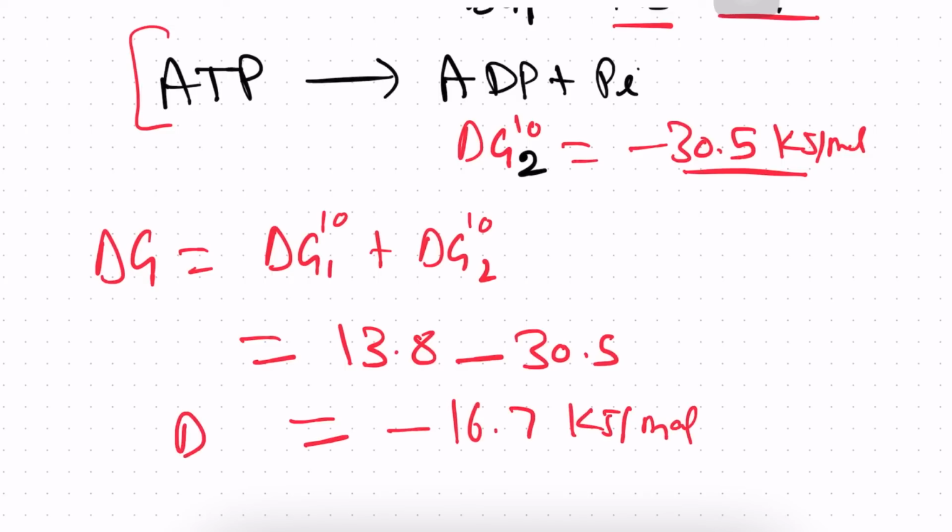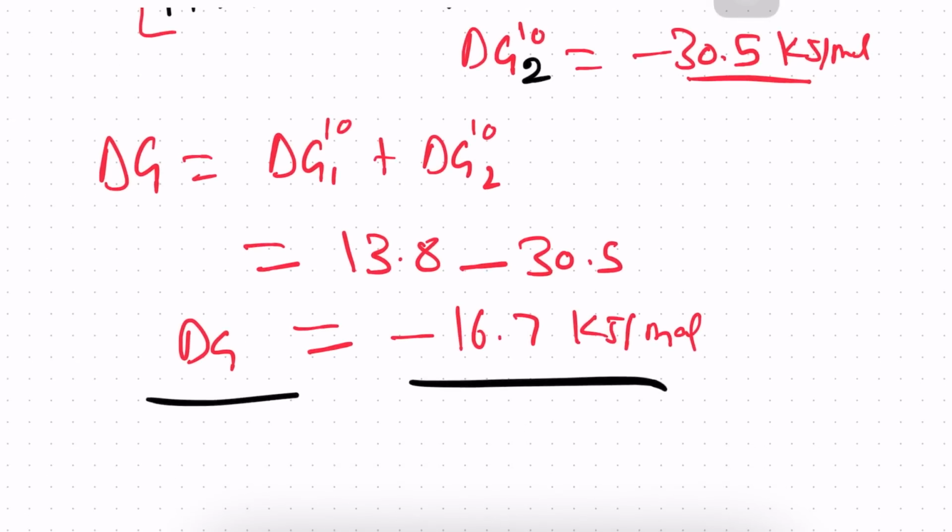So the overall change in Gibbs free energy for this reaction is negative, and that's why this reaction is possible in the forward direction within the cell.